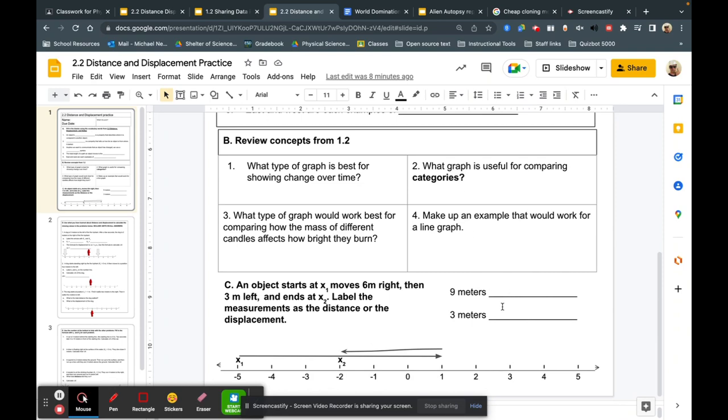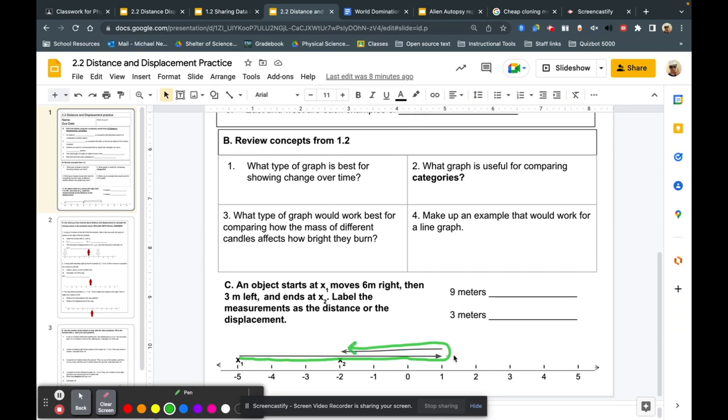For number three, you need to choose which blank you need to write distance and displacement. The total distance is always all of the paths that an object took. So if we're starting at x sub 1, the distance is going to be all the way 6 meters right plus another 3 meters to the left.